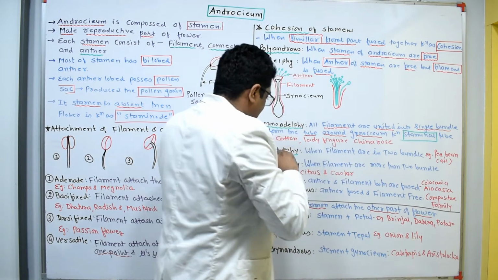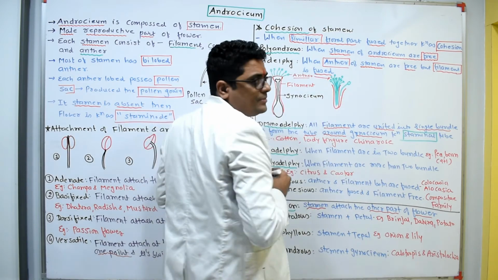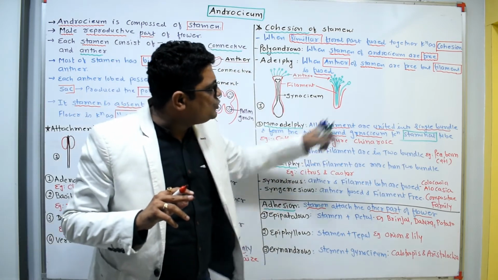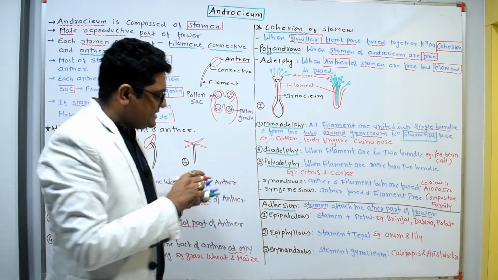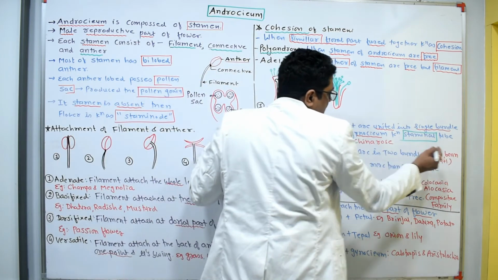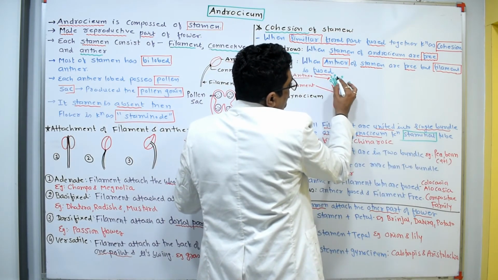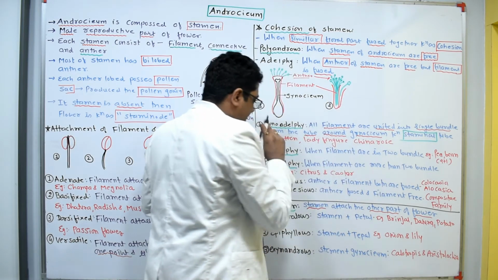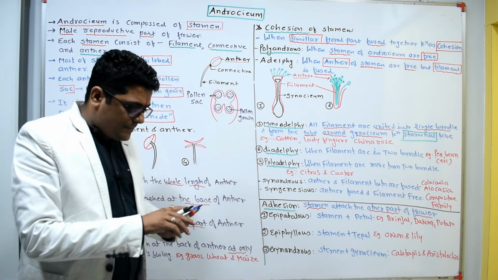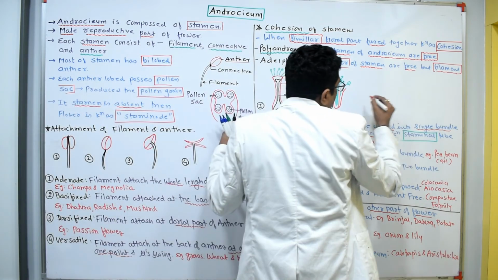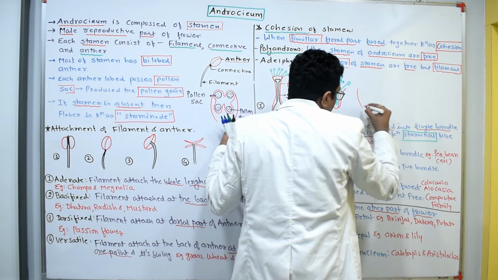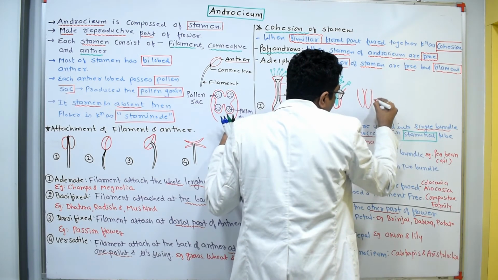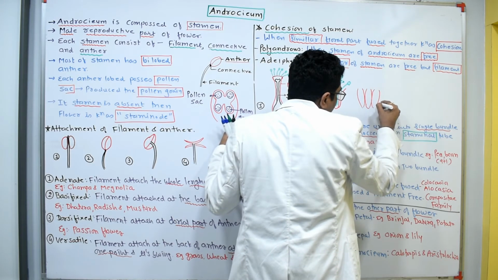And in polyadelphi, beta, there are more than 2 bundles: bundle 1, bundle 2, bundle 3, okay, and here they possess the anthers like this. Means बेटा यहां पर क्या होगा बेटा, there are more than 2 bundles, that is called polyadelphy.